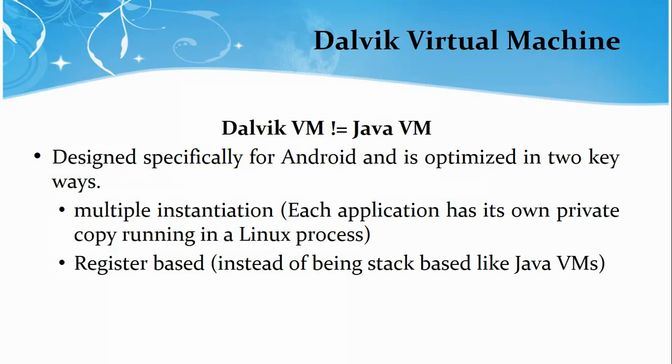Please remember that, guys. This is very, very important. I'll ask it again and again. Every app runs in its own instance, which means if I am running 4 Java applications on my laptop, one JVM is going to be used. If I run 4 apps on my Android phone, 4 DVMs are going to get created.